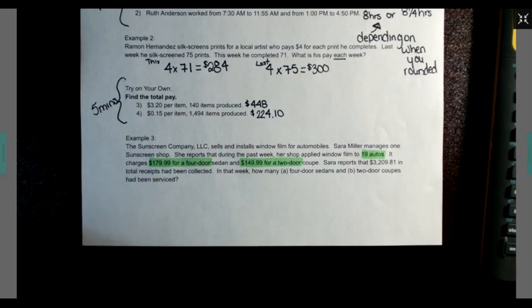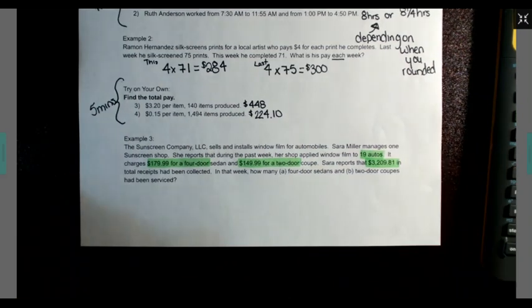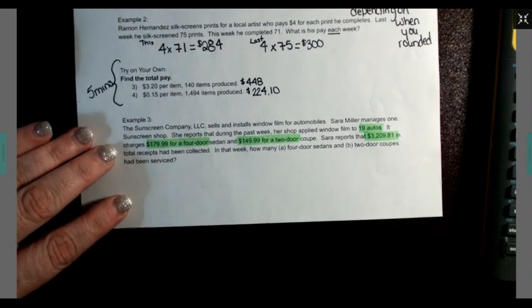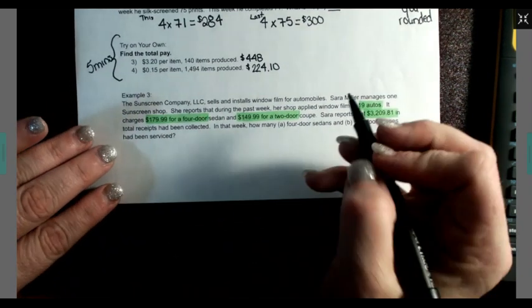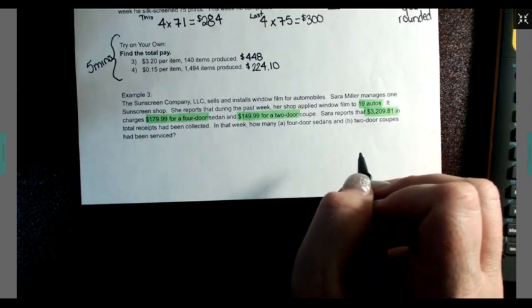And we also know that she collected $3,209.81. So we have two things going on here. We not only have a two-door car, but we have a four-door car as well. We know that the total number of automobiles is 19.